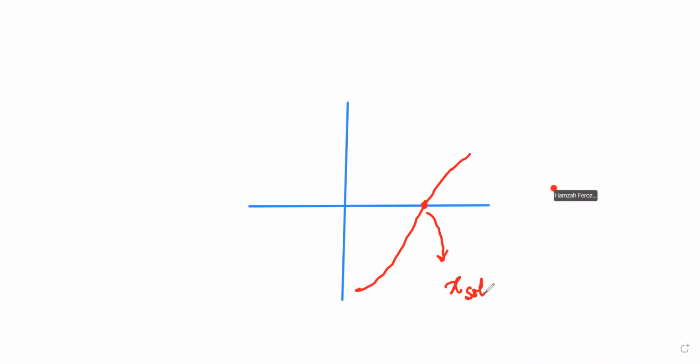I'm calling this x solution. We are assuming 2 points on the function of x, x1 and x2, such that f of x1 and f of x2 have opposite values.